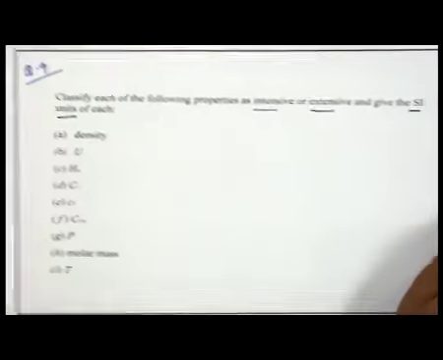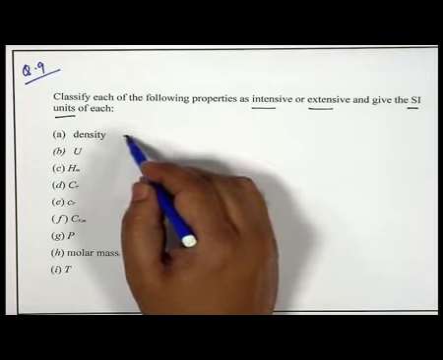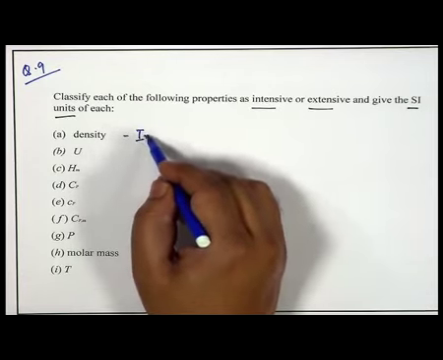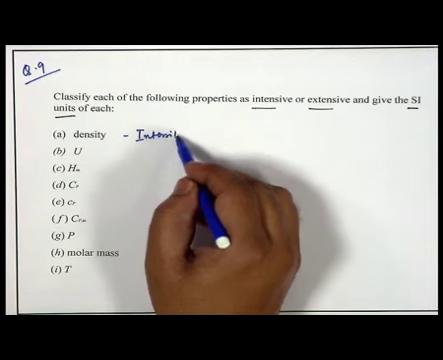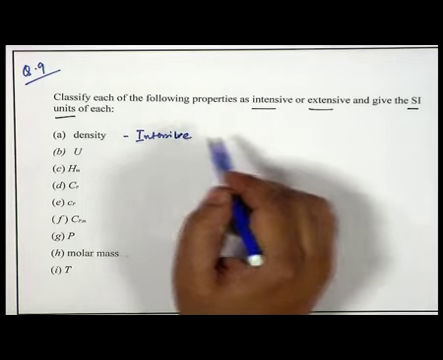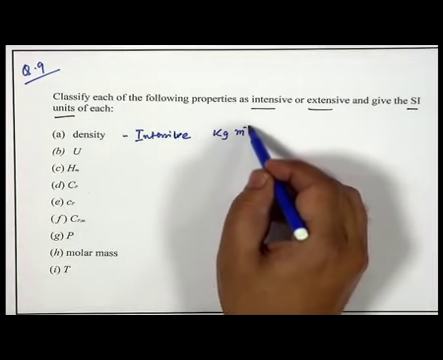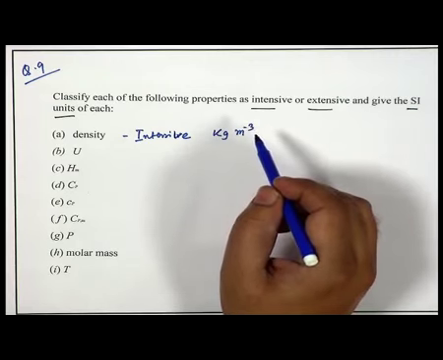So, density is an intensive quantity, and the unit should be kg per meter cube.